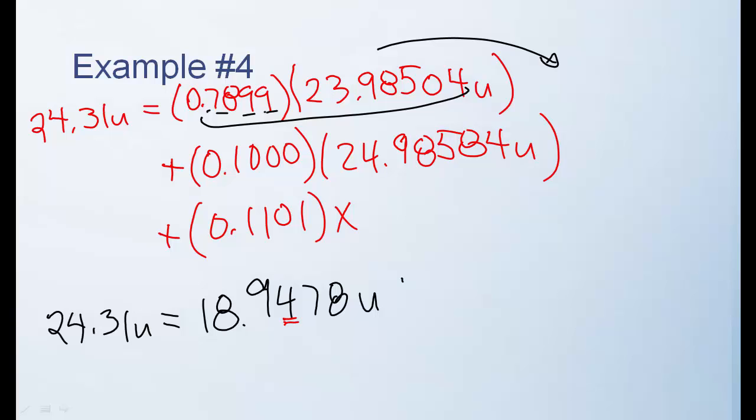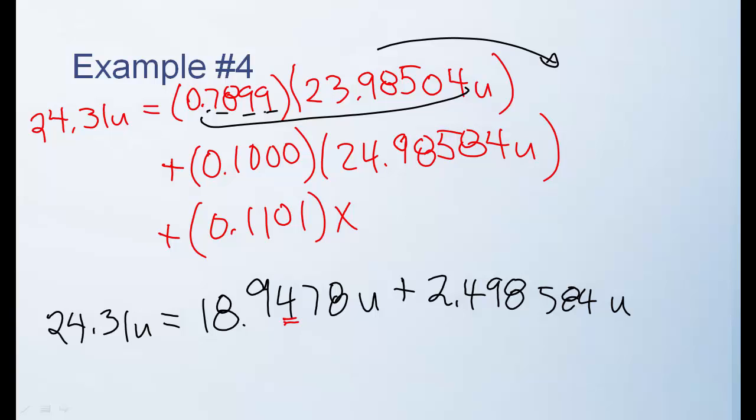The next term I can multiply by 0.1 and I get 2.498584 atomic units. And then finally, I want to remember to also round this.